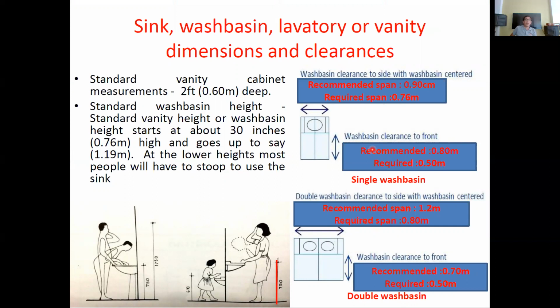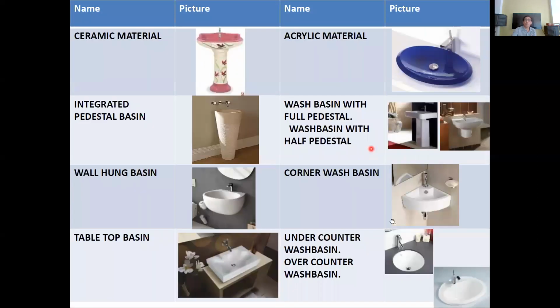The height goes up to 119 centimeter, and the lowest size will make you stoop to use the sink. As you can see, the wash basin is sometimes installed on a cabinet, like this under counter wash basin, where the bottom is a cabinet.